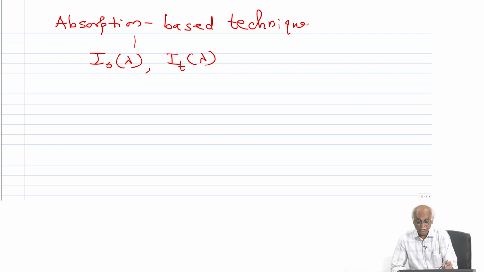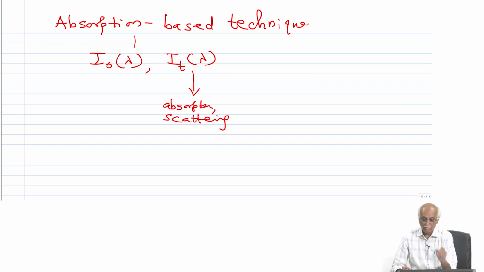If there are other tissue molecules that start scattering the light, the transmitted intensity gets affected by two factors. One is absorption, of course, and the second one is scattering of the light. So, if I want to measure the transmitted intensity, I should know how much scattering is coming into the picture, otherwise it becomes difficult.